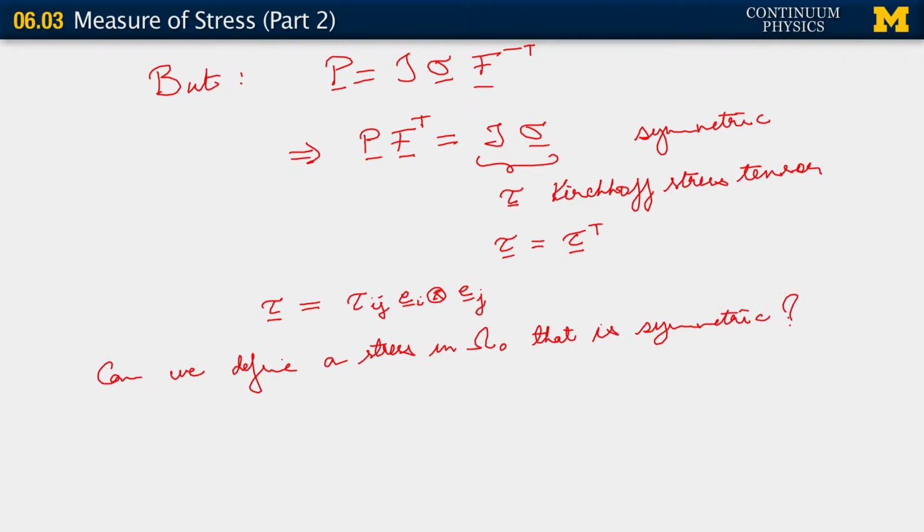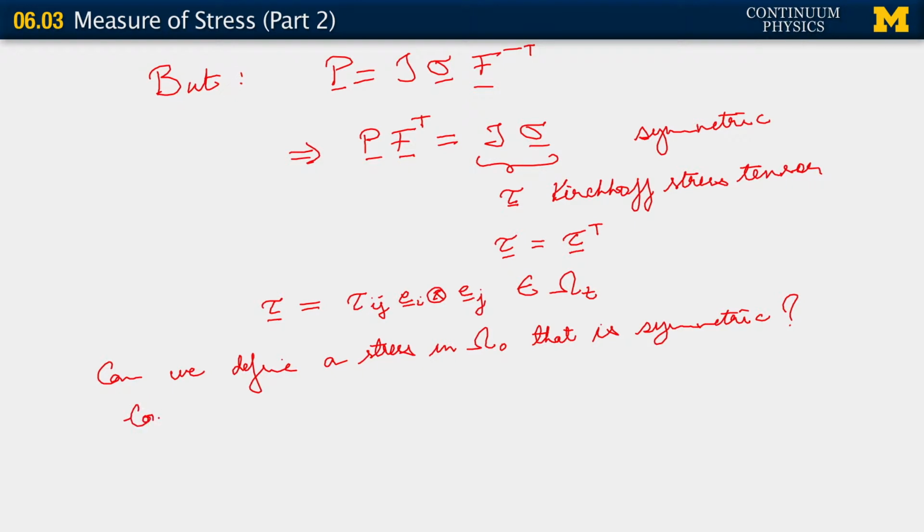This sort of hankering for a stress that lives in omega naught and is symmetric is because tau also is in omega t. So can we do something for omega naught? Indeed we can.